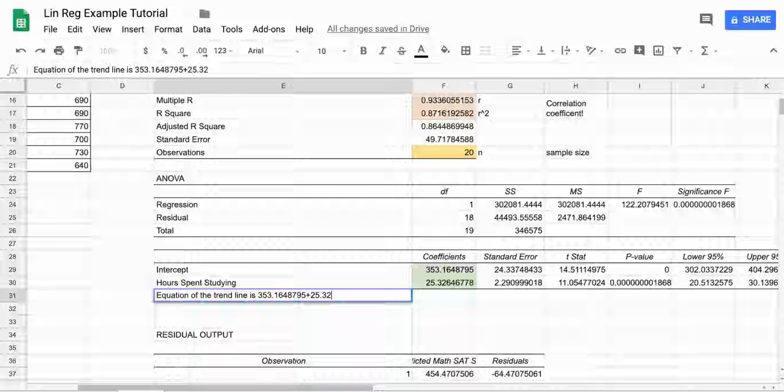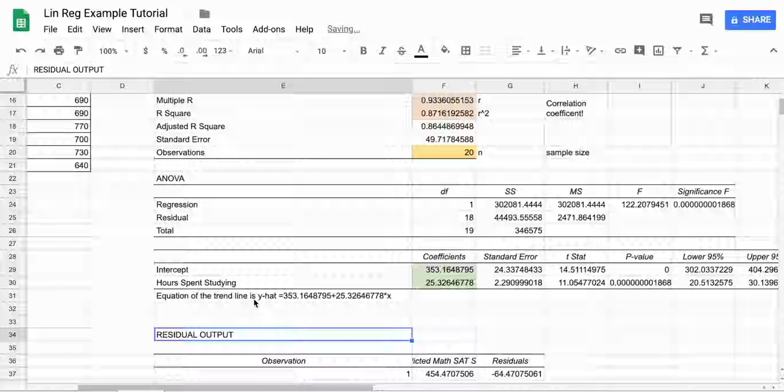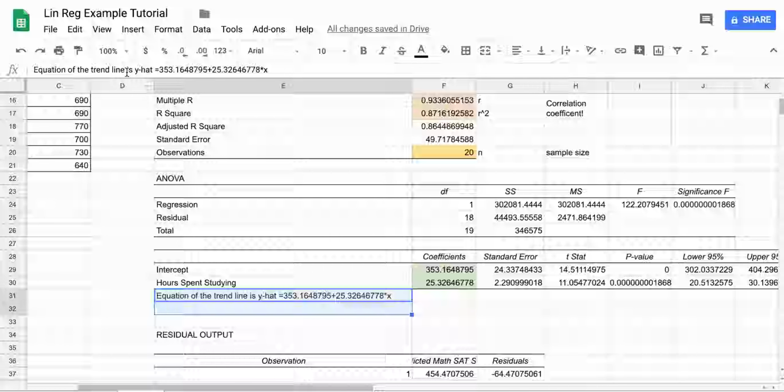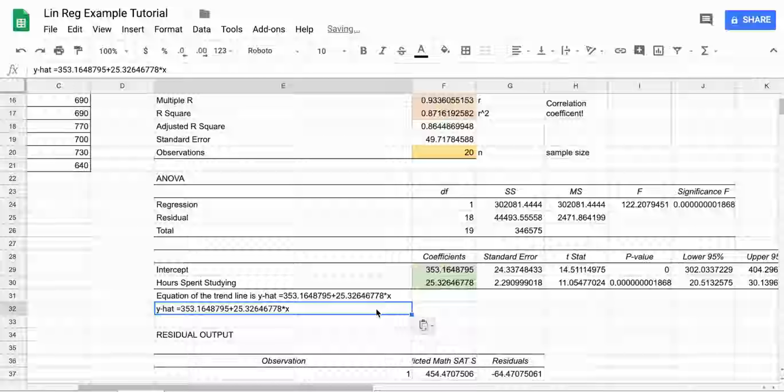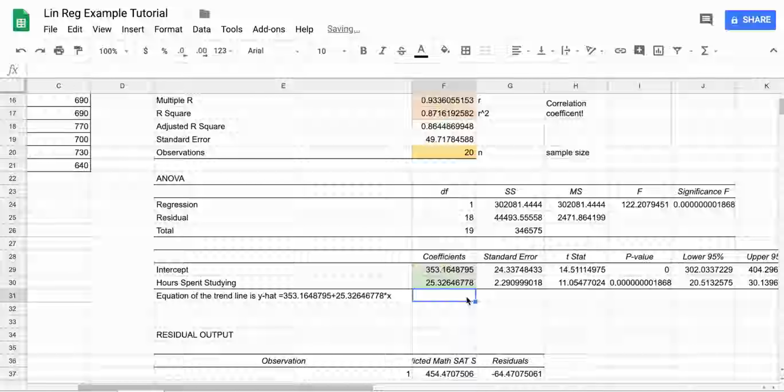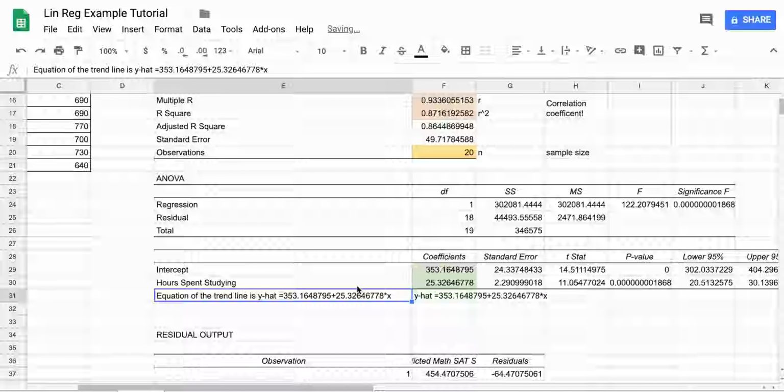Oops, shoot, sorry, I put an extra 2 in there. I can even tell myself this. Y hat is equal to. Maybe I will cut and paste. Or maybe I'll put it right there. Oops.